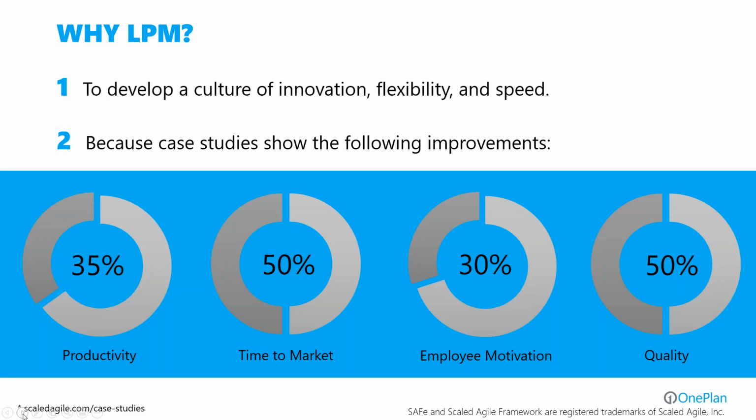But perhaps more importantly, there are a growing number of case studies, many of them at scaledagile.com, that show you some of the metrics being shifted that are very relevant to business agility: productivity, speed to market, employee engagement, and product quality. So these things should all tell us they might be onto something with this Lean Portfolio Management.